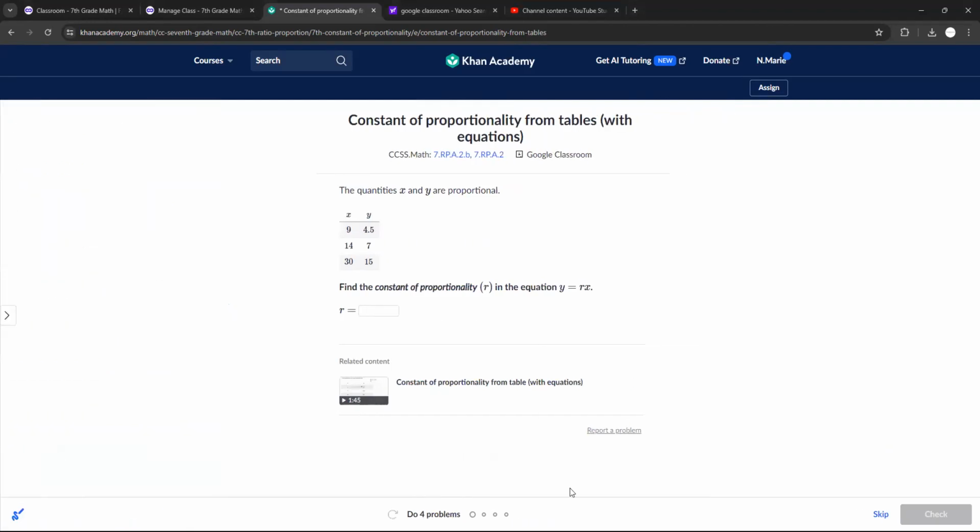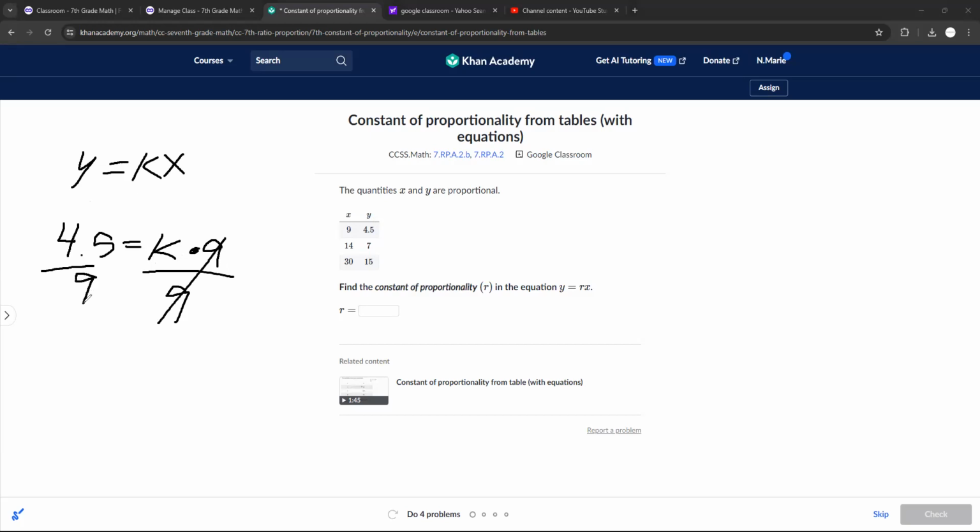So now they want you to find the constant proportionality, and this is when one-step equations come in handy. So y equals k times x. So that means 4.5 equals k times 9. What times 9 gets you 4.5? You divide both sides by 9. 4.5 divided by 9 is 0.5.